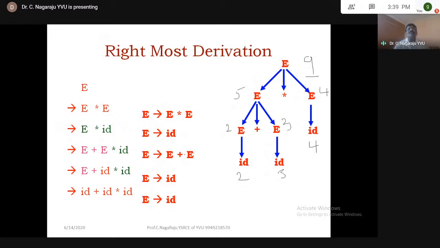That means every parse tree must contain either a leftmost derivation or a rightmost derivation, depending upon the input string.